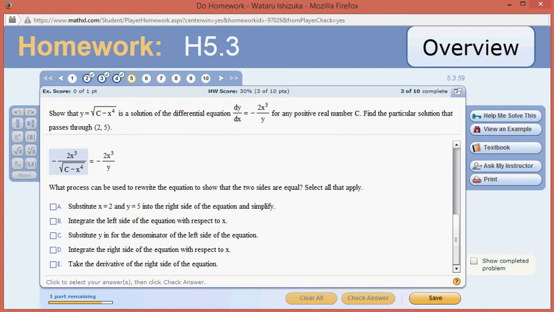Substitute x equals 2 and y equals 5? No. Integrate the left side of the function with respect to x? No. Substitute y into the denominator of the left hand side of the equation. Actually, it's the right hand side, right? Integrate the right hand side? No. Take the derivative of the right hand side of the equation. Let's see.